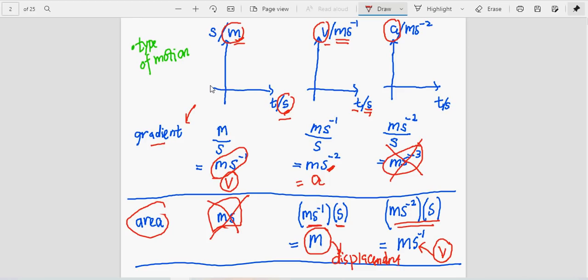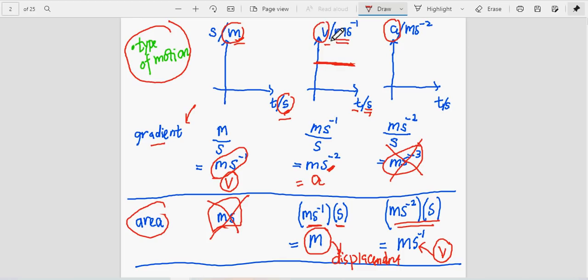Alright. If they ask you to describe the motion of the graph, you need to use the physical quantity in your answer. For example, let's say the VT graph is like this and the question asks you to describe the motion of this object. You cannot say the motion is constant. That is wrong.